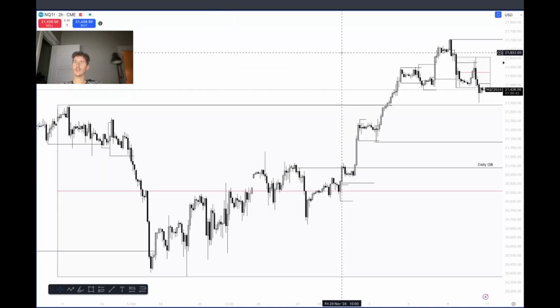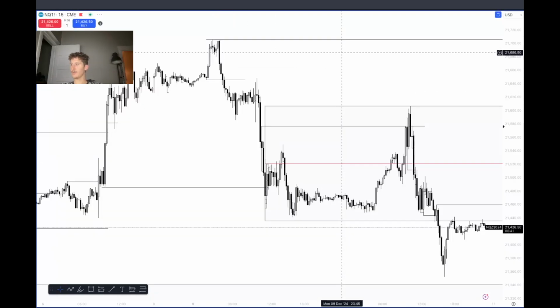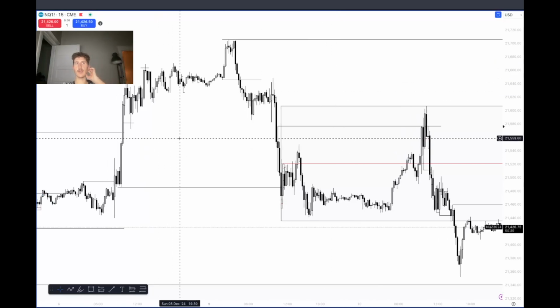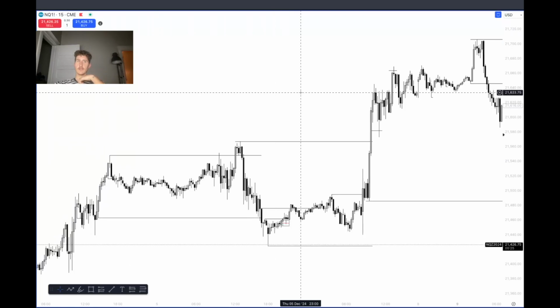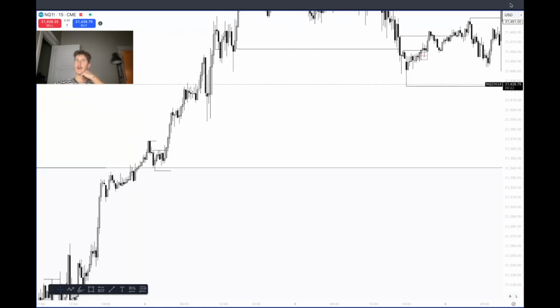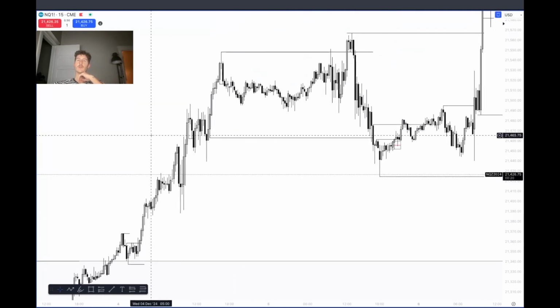Now, are these structurally sound swing points that I'm marking out? No. You're going to learn about the difference between protected highs and external highs, and protected lows and external lows in the next video. A little bit of foreshadowing. When you're in a bullish sequence, every single high that you see is going to be considered an external high.